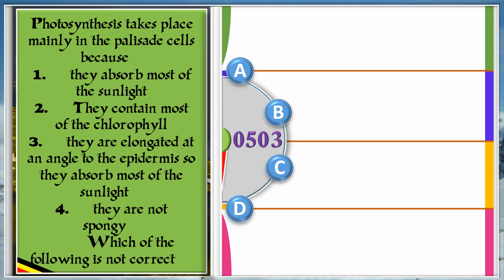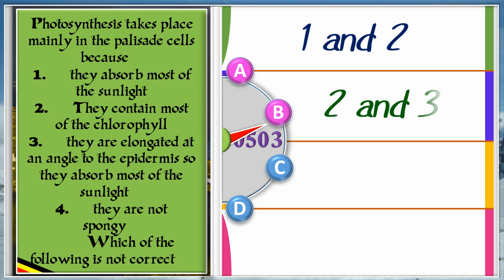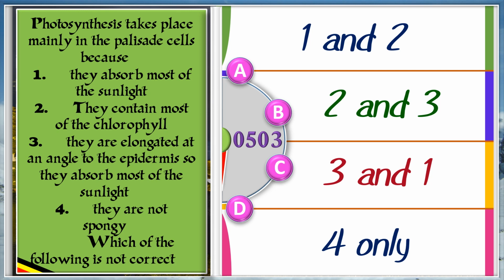Which of the following is not correct? A. 1 and 2. B. 2 and 3. C. 3 and 1. D. 4 only. And the answer is D. 4 only.